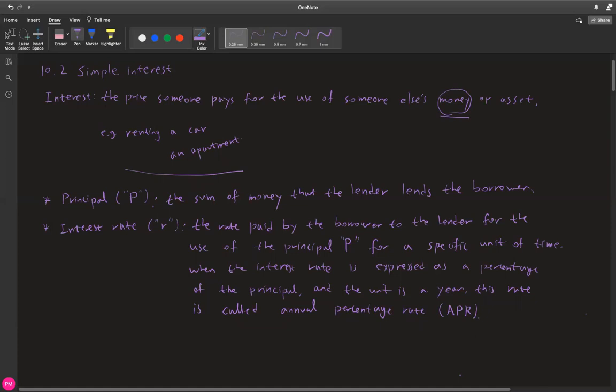So now that we talked about the principal and the interest rate, and since we already talked about the unit of time, the next factor that we need to consider is the term. And this is often noted as a smaller t.